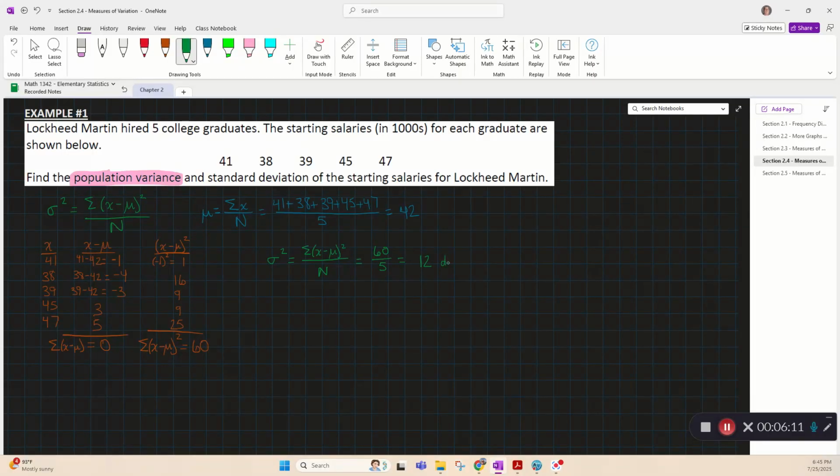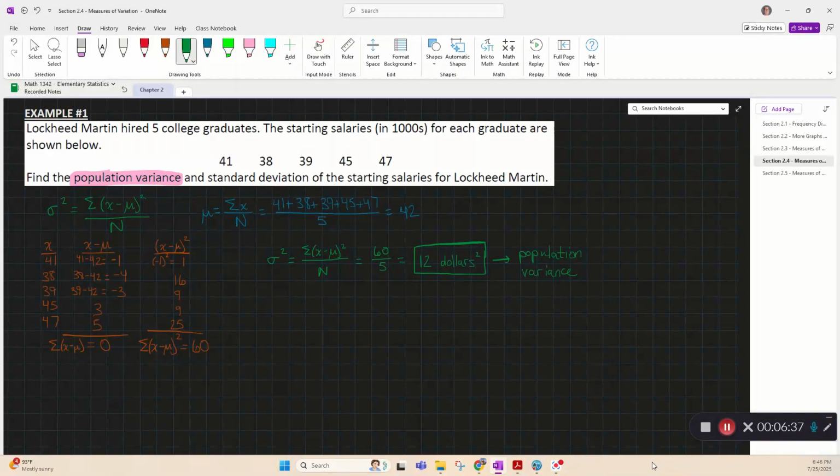And then this is going to be dollars squared. This is our population variance.